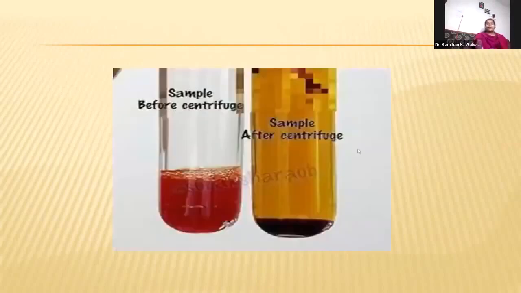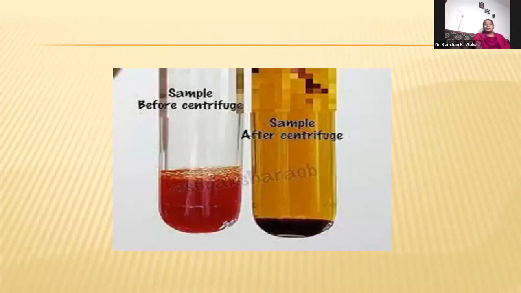This one, the extreme right, is a case of hematuria. At collection, the urine was a reddish color, which you can see in the left test tube. When you go for centrifugation, you see that the urine color was actually yellowish, but a huge number of RBCs have settled down.